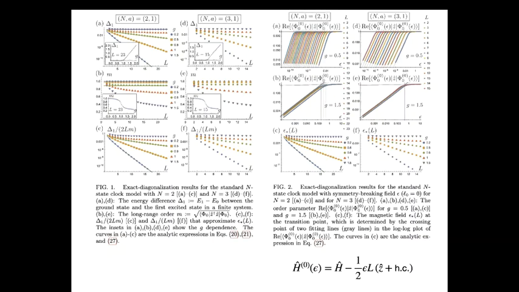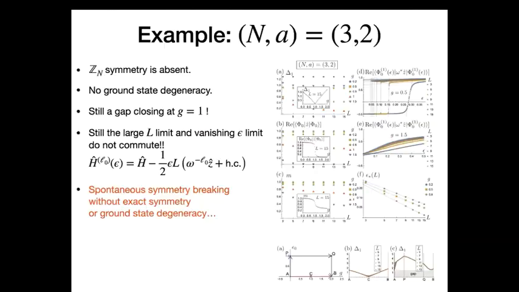But what I'm saying here is that if we introduce parameter A to the model, depending on the system size, you can realize this situation: the ground state is unique, although the system is in the symmetry-broken phase.